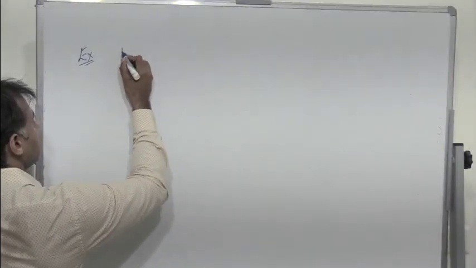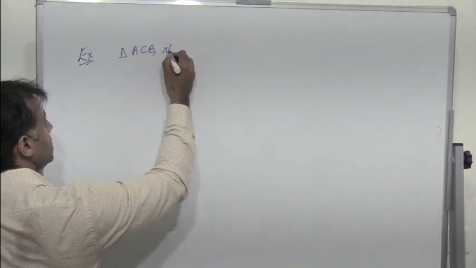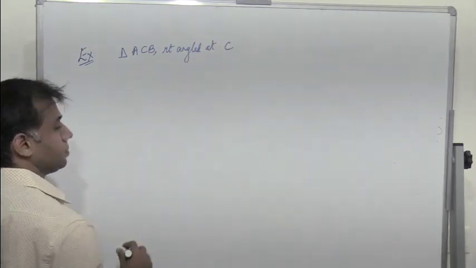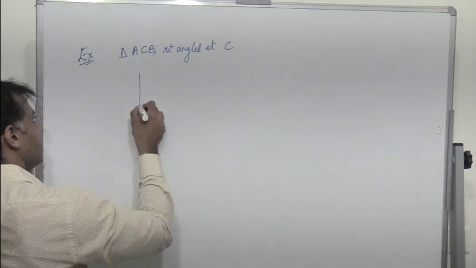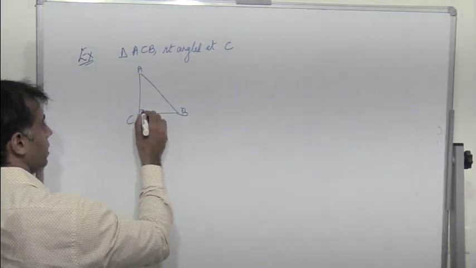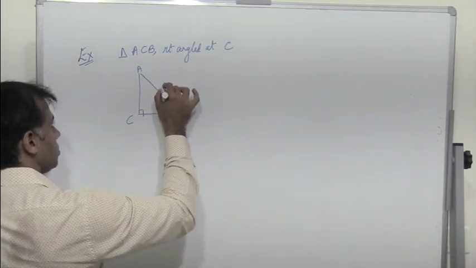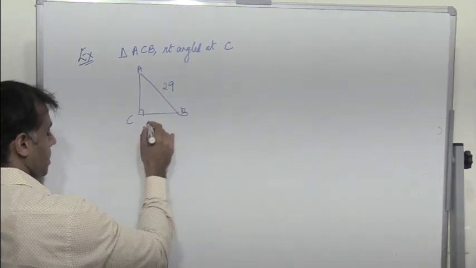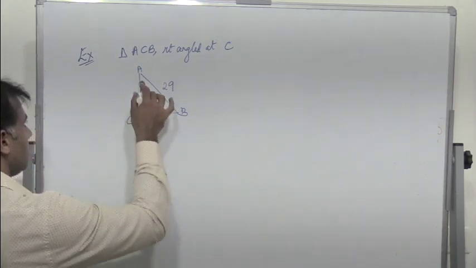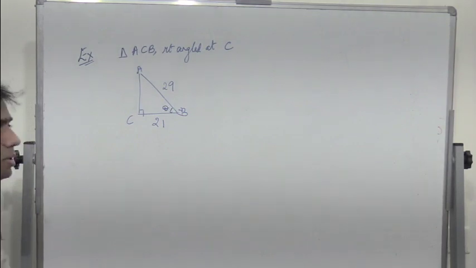So there is a right angle triangle ACB, which is right angled at C. Okay, so I have ABC and it is right angled at C, given. AB is 29 units, BC is 21 units, and the angle ABC is theta. Okay, now what is this theta?